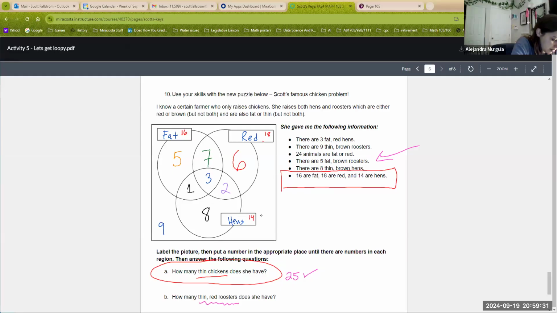So if they're in the red or hen circle and they're not overlapping with the fat, we can assume that they're thin, right? If they're not in the fat circle, we can assume they're thin. Okay.